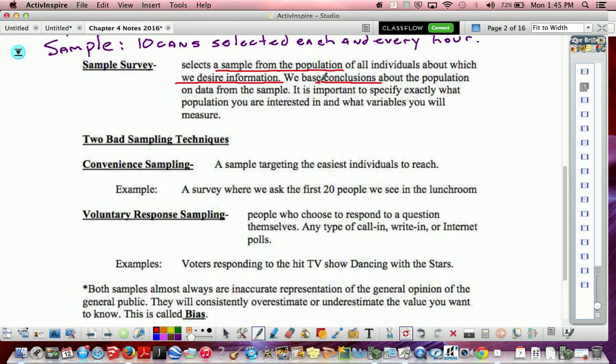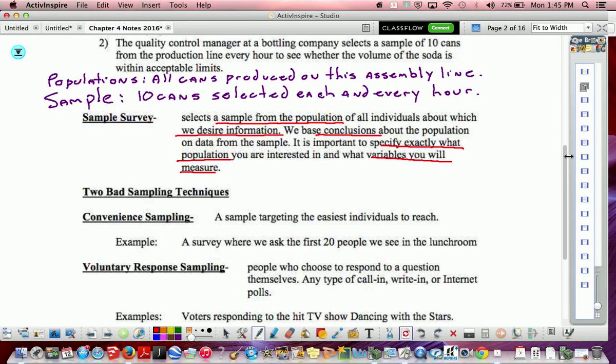That's why it's so important to specify exactly what your population is and also the variables you're measuring. So like in the previous example, we're talking about all the cans that were produced on this particular assembly line. We were taking 10 cans every hour. We were measuring the volume. That was the variable that we were actually looking at. So we want to then take those samples and make judgments about the entire population.